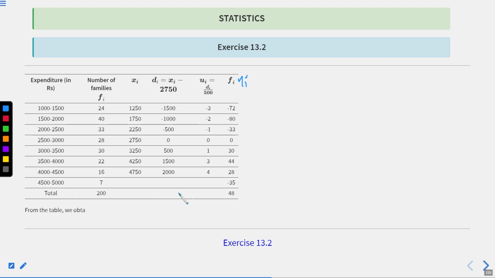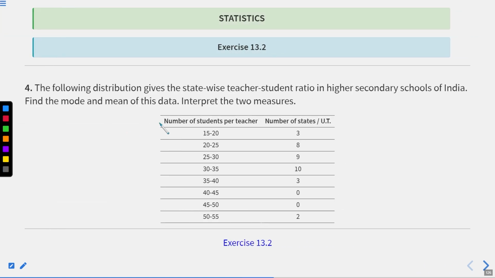Now you can find the mean using the formula x bar is equal to a plus summation fiui divided by summation fi. If we now put the values, then you will get the mean. The remaining portion is for your homework problem. So let us move to the next problem.